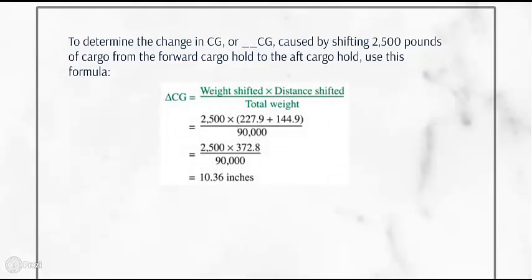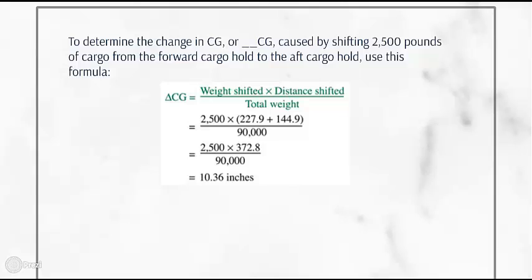To determine the change in CG caused by shifting 2,500 pounds of cargo from the forward cargo hold to the aft cargo hold, use this formula. Change in CG equals weight shifted times distance shifted all over total weight. If we substitute the values, it would be 2,500 times 227.9 plus 144.9 all over 90,000.